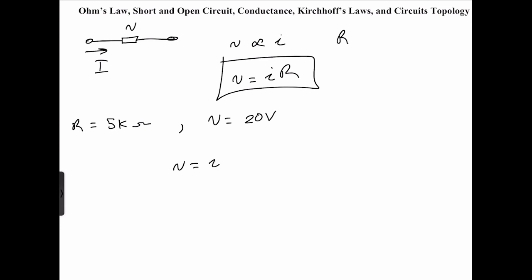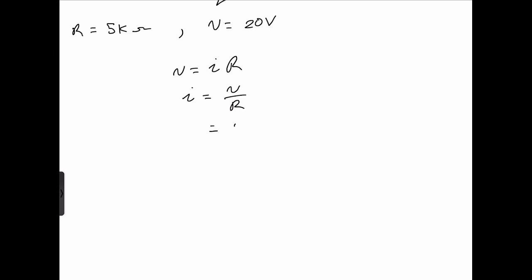V is equal to I times R, and we manipulate that, and we get I is equal to V over R. So we go ahead and divide that 20 volts by that 5 kiloohms. We can just write that E to the 3 ohms, and that's going to equal 4. We bring that E to the 3 up top, we get milli. So that would be milliampere. So the current through the resistor is 4 milliampere.